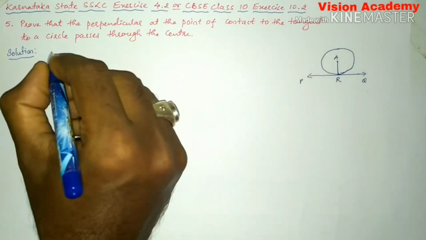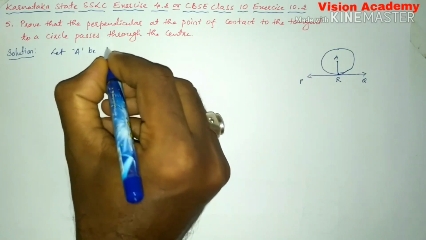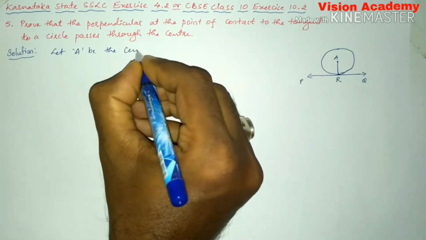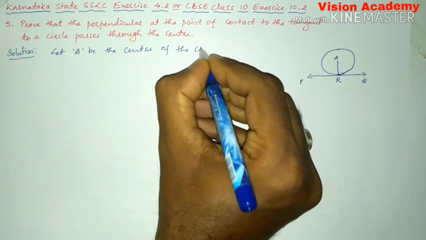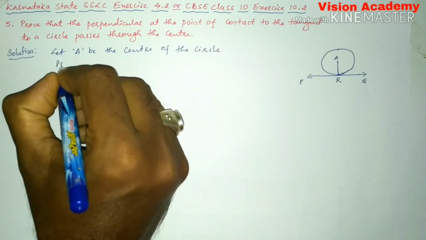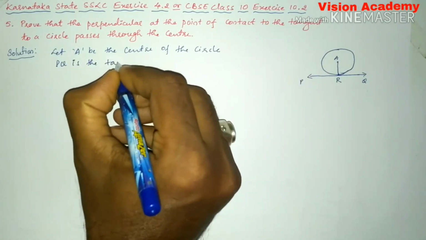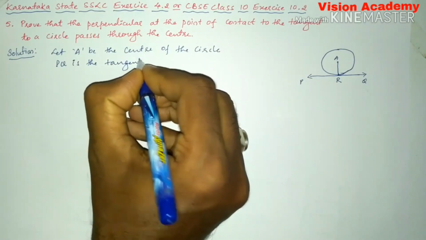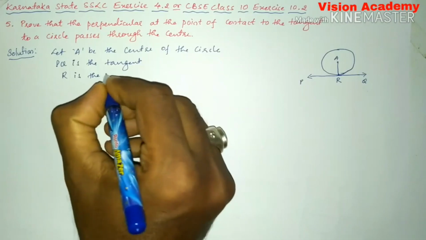Now let A be the center of the circle, PQ is the tangent, R is the point of contact.